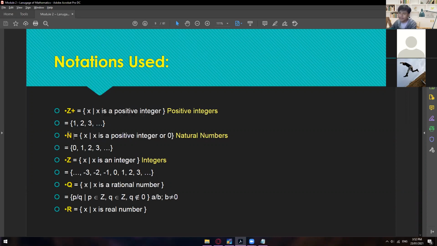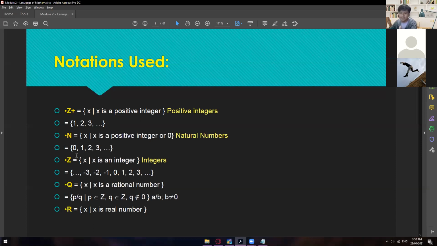And then we have here N, wherein x is a positive integer or 0. That's the difference between letter N and Z plus. For natural numbers, we start with 0, incrementing by 1 up to infinity. And then we have here Z, wherein there is no limitation anymore.